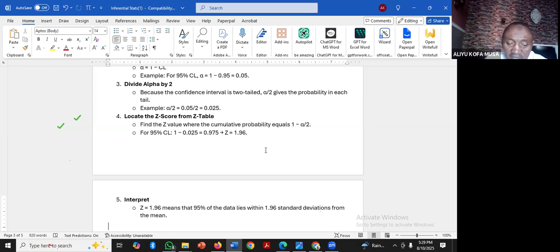The z-value is 1.96. This means that 95% of the data lies within 1.96 standard deviations from the mean.